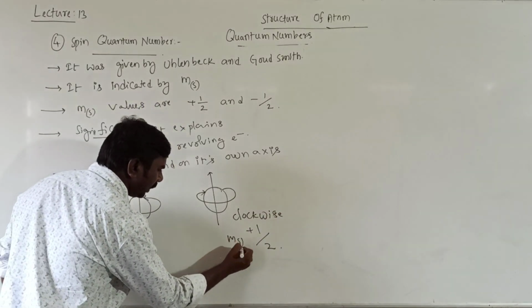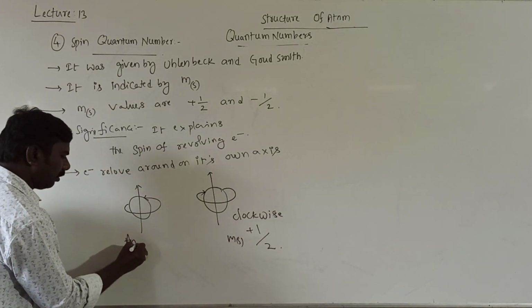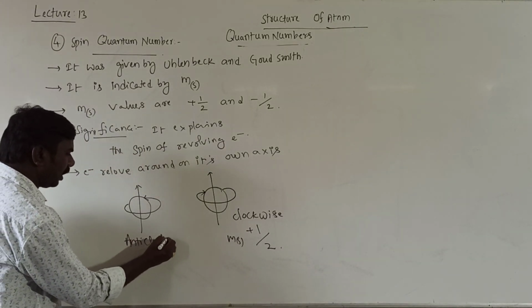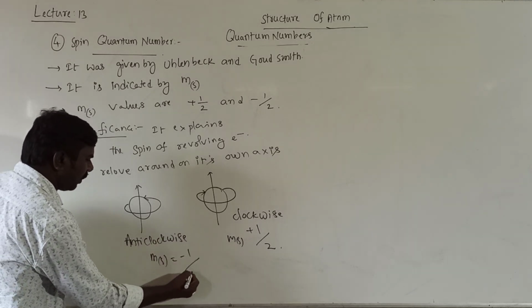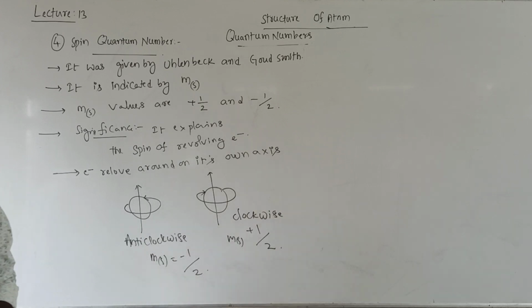MS value is plus half for clockwise. Anti-clockwise, MS value is minus half. Spin we can represent.